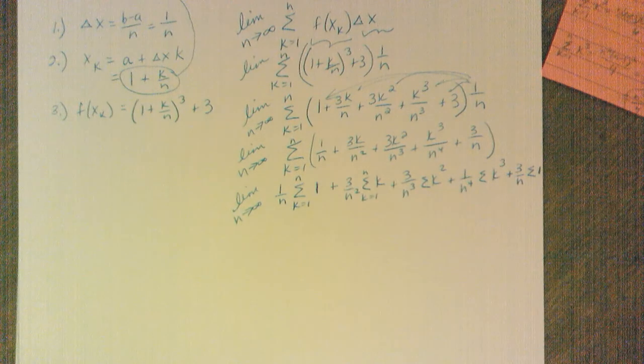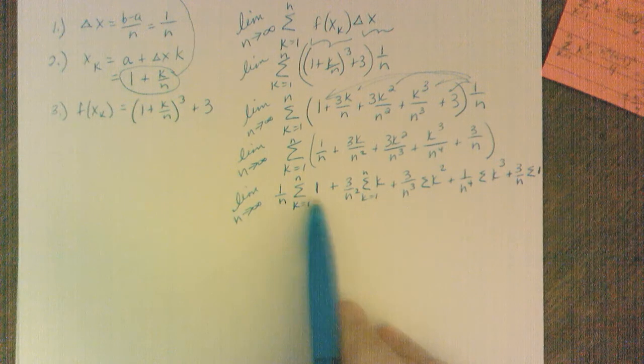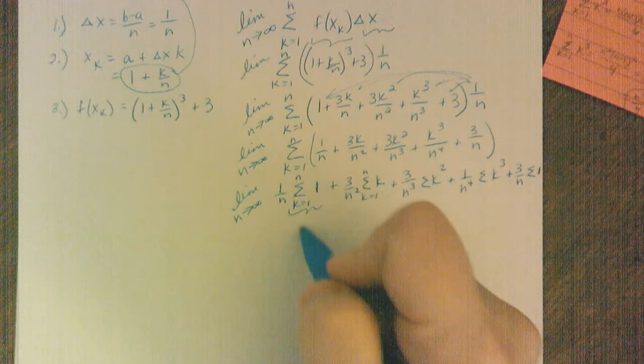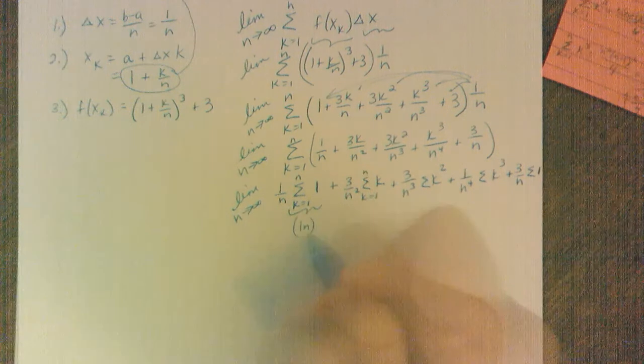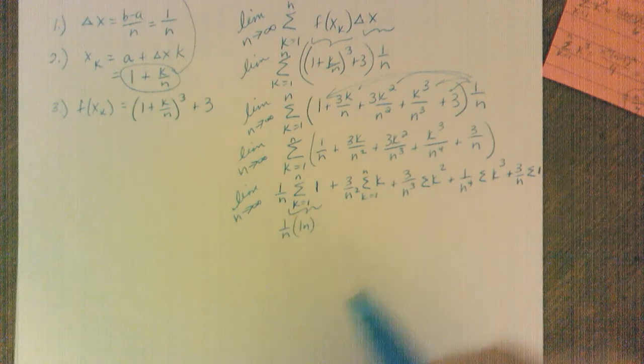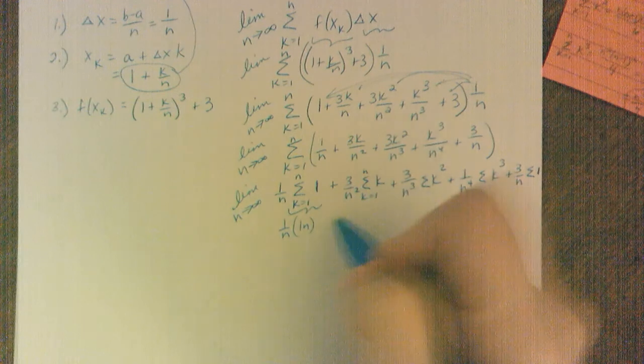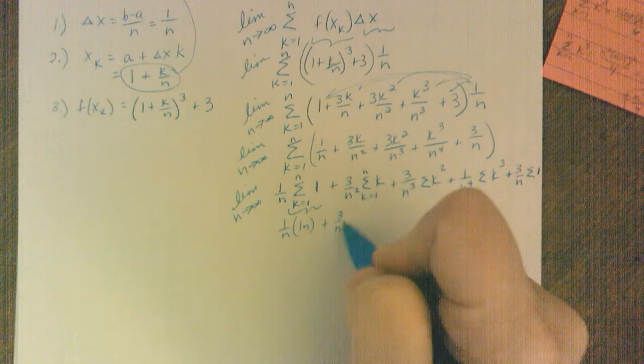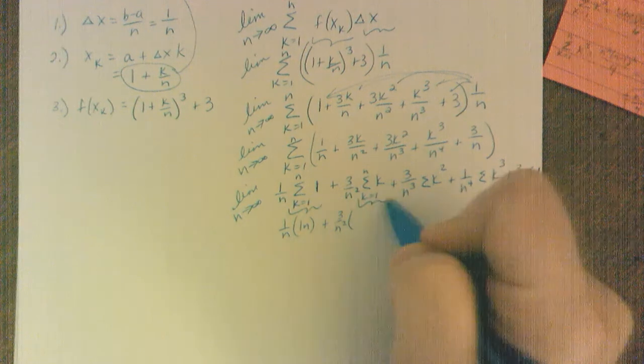All right, now let's see what I got. The sum of a constant is the constant times n. So this right here is 1 times n, or just n, times the 1 over n. This one would be 3 over n squared times, what is the sum of k?